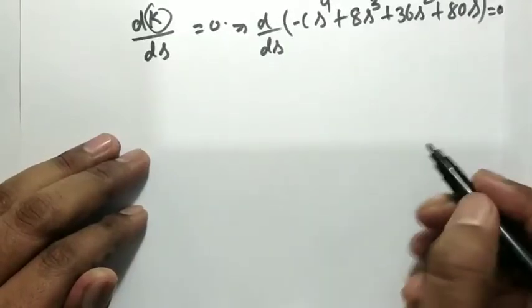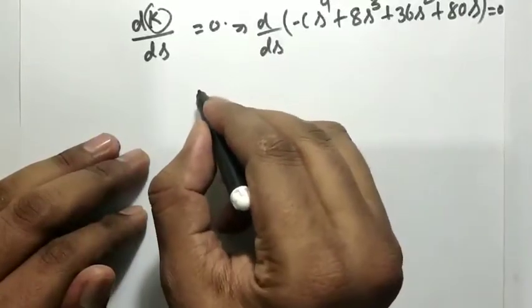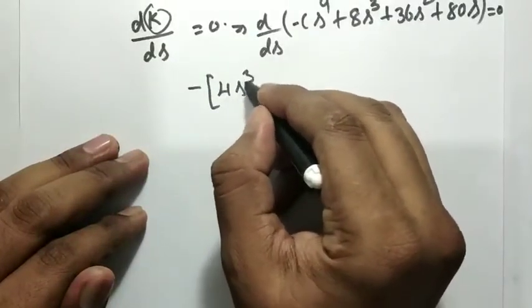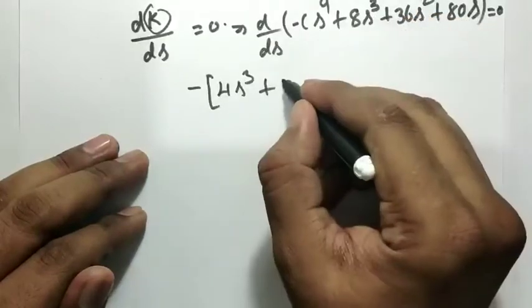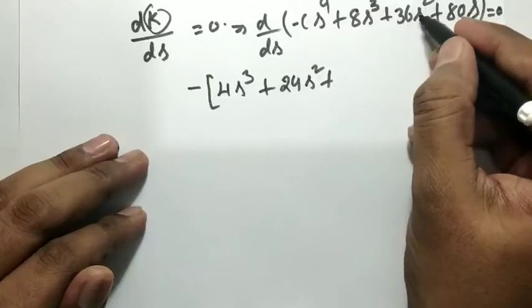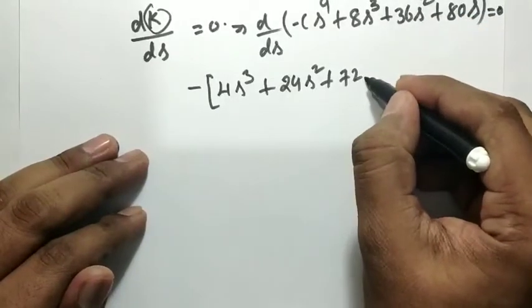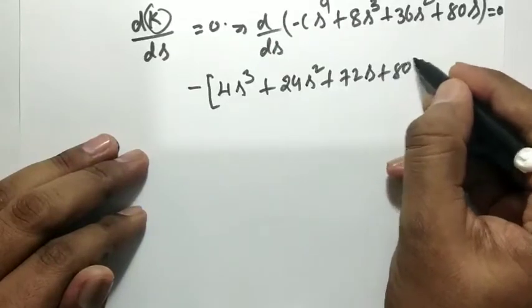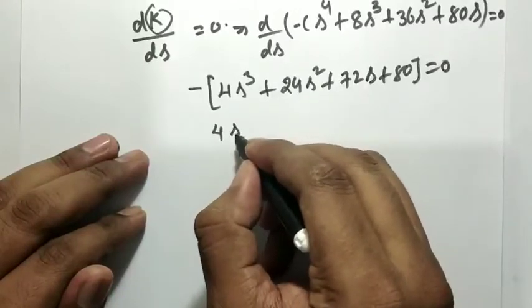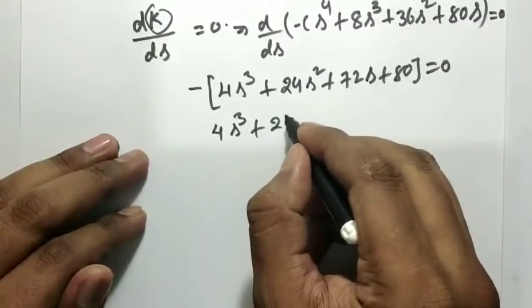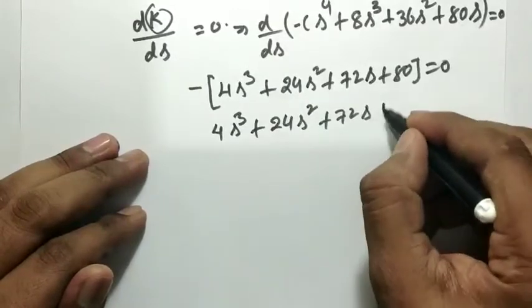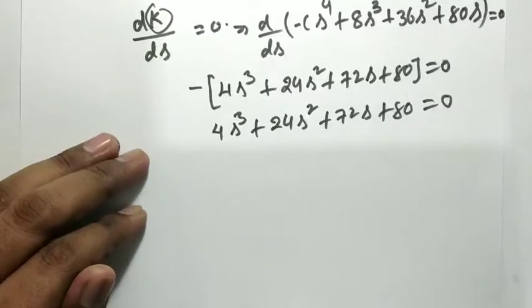When you differentiate this, what do you get? 4s cubed, then 8 into 3, 24 s square, plus 36 into 2, that is 72 s, plus 80 is equal to 0. Take that side, so you will get 4 s cube plus 24 s square plus 72 s plus 80 is equal to 0, right?